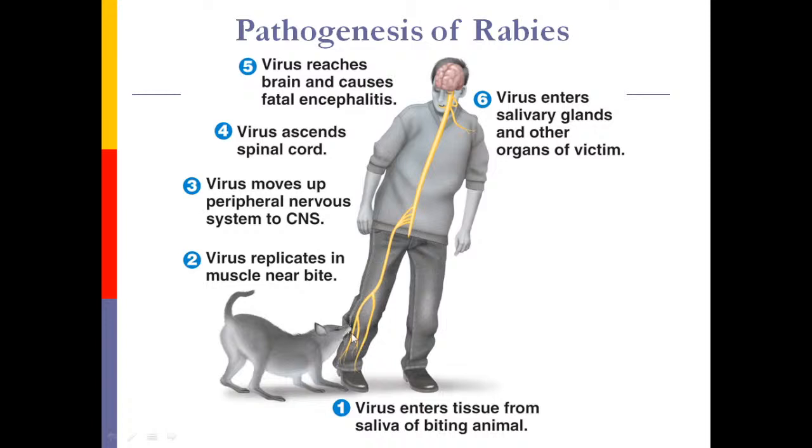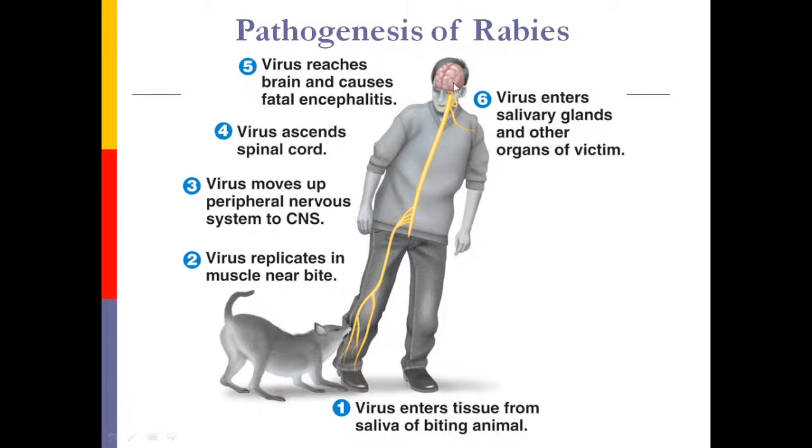Then lyssavirus, which has tropism to nervous cells, invades peripheral nerves due to G-glycoprotein. Virus moves up the peripheral nervous system to the CNS. Then the virus ascends the spinal cord and invades nervous cells of the spinal cord, motor neurons.